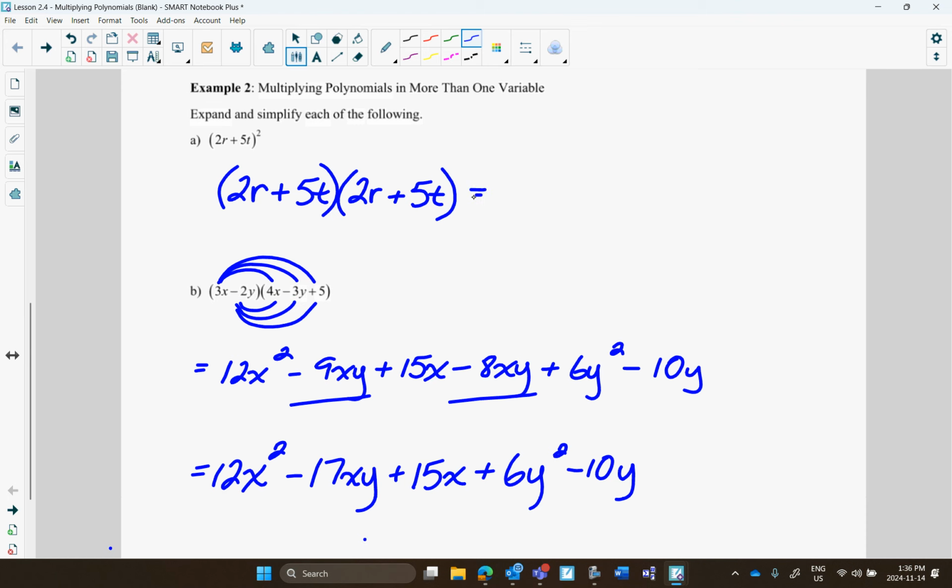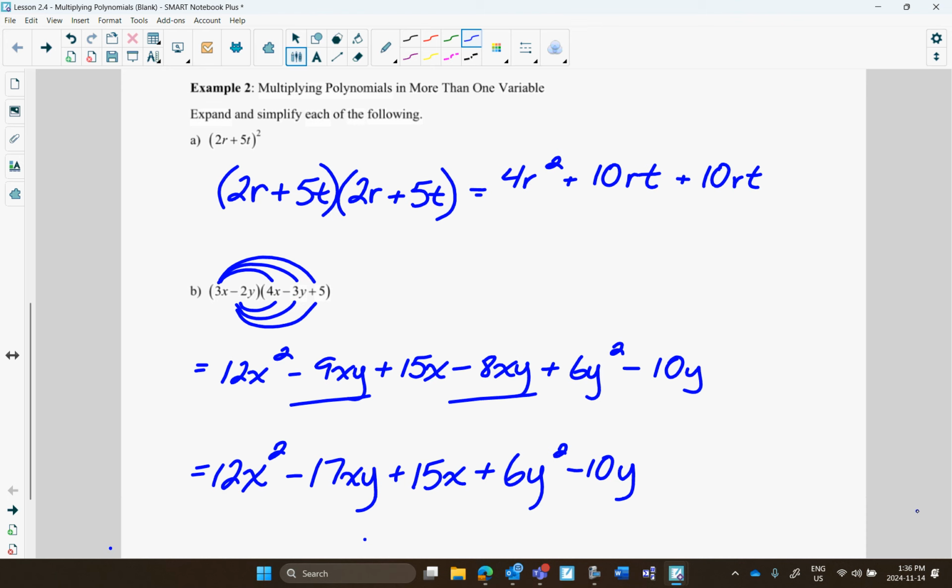What would it get when I multiply through? 4r squared plus 10rt plus 10tr, or I'm just going to write it rt. tr is still right.